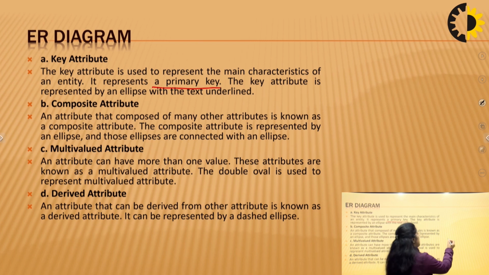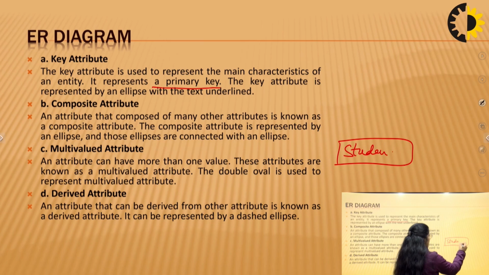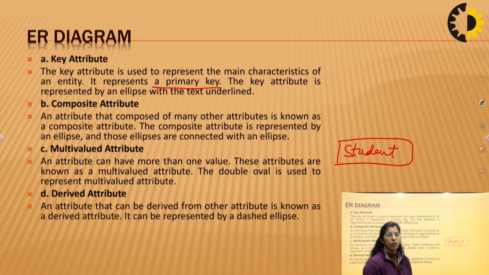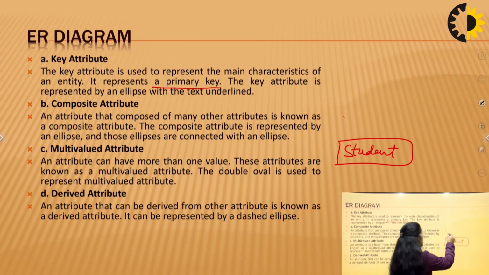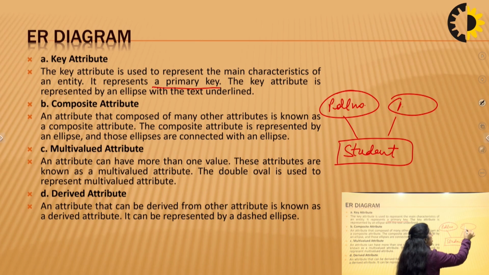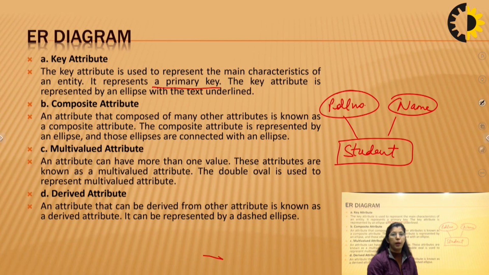What does this mean? If we have an entity student, we can identify any student with his or her ID or roll number. Obviously the student will have a name, but a name can be repeated in a particular database.